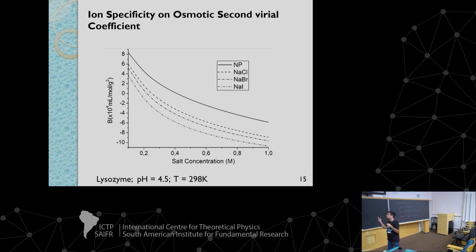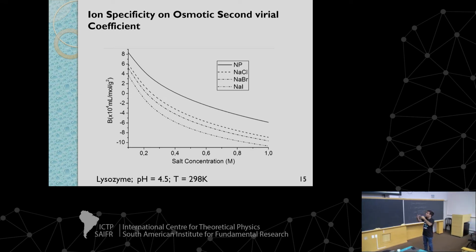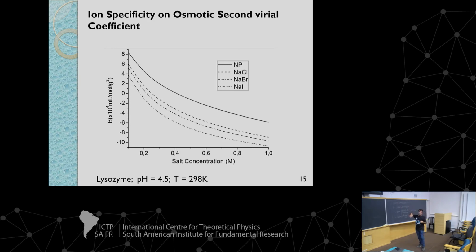So different salts are more or less effective in coagulating proteins. We can see here, for example, that for sodium iodide, we have a more attractive interaction. So we would need a lower concentration of sodium iodide in order to precipitate the protein. Okay.